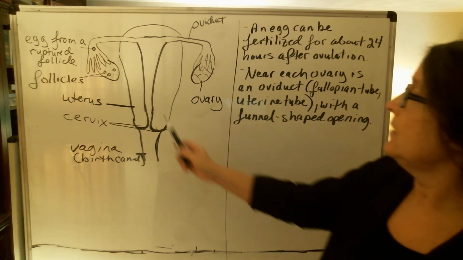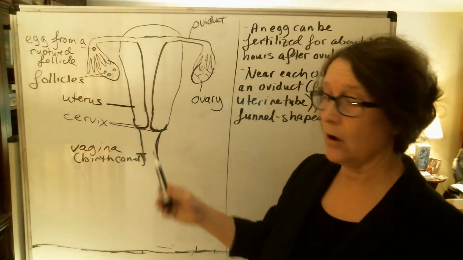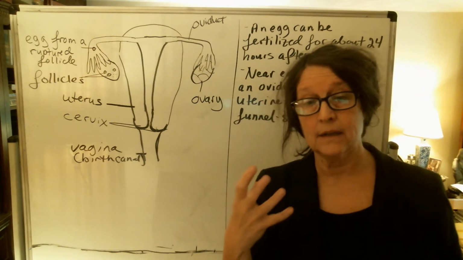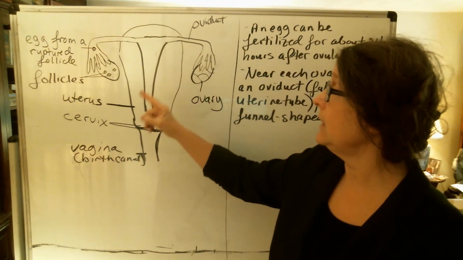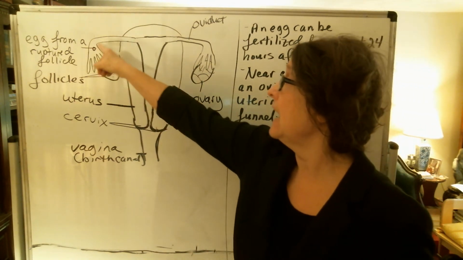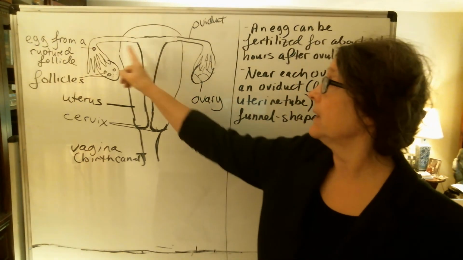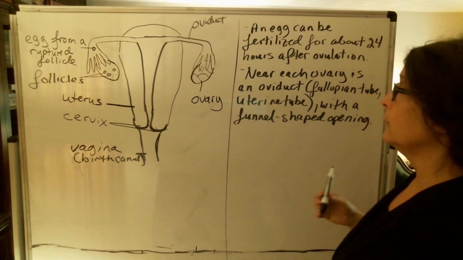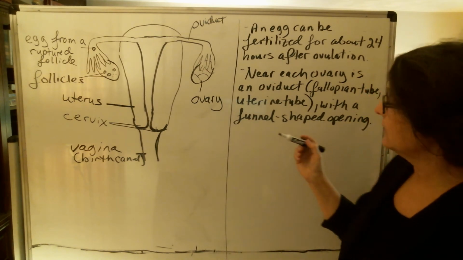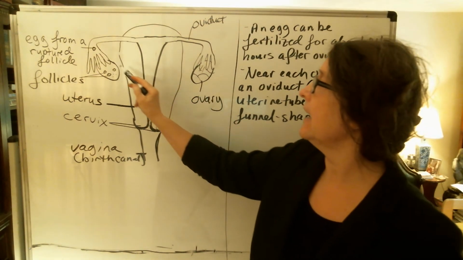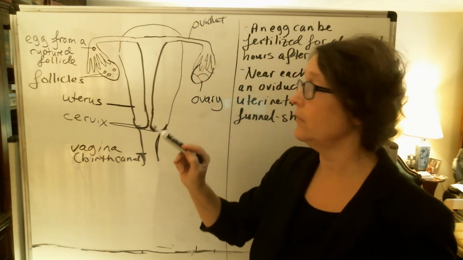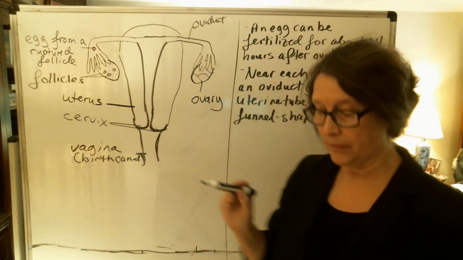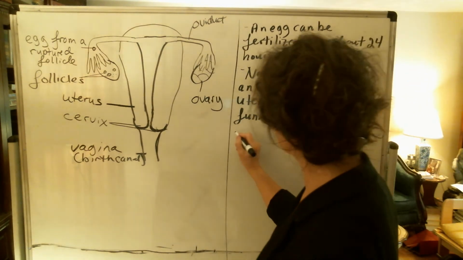Now, so we have an egg that pops out of an ovary. There is not a direct connection then between the ovary and the oviduct. Even with that funnel, there's still some wiggle room there. And the way that the egg actually winds up in the oviduct most of the time is as follows.